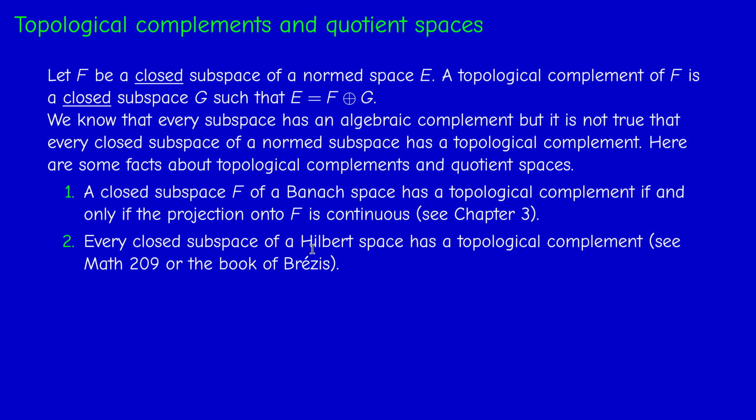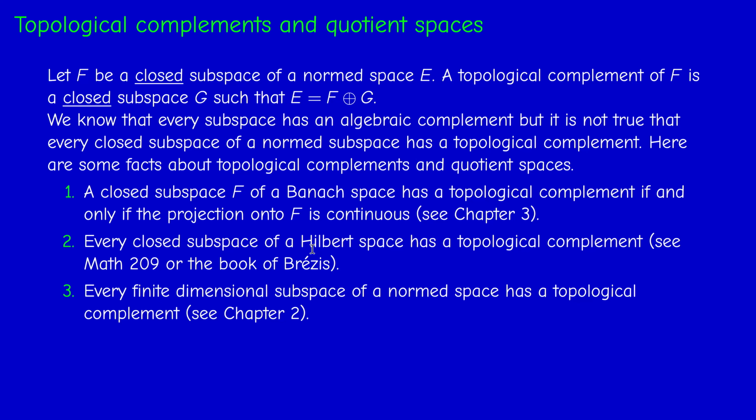The second result that you may encounter in second year: every closed subspace of a Hilbert space has a topological complement, because this is essentially because of the Riesz representation theorem and orthogonal projections. In an arbitrary normed space you don't have the notion of orthogonality because you don't have the notion of a scalar product.